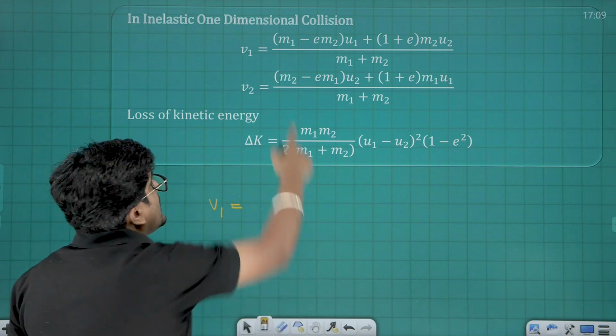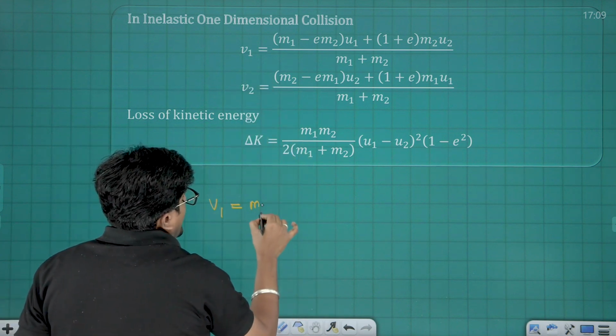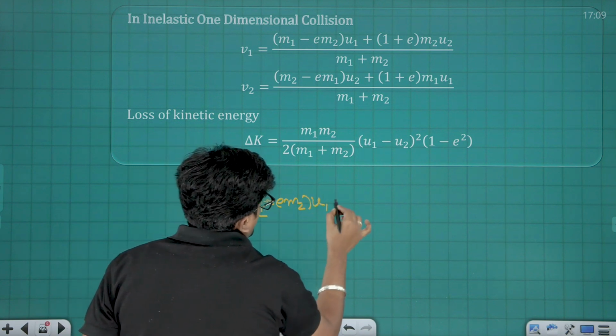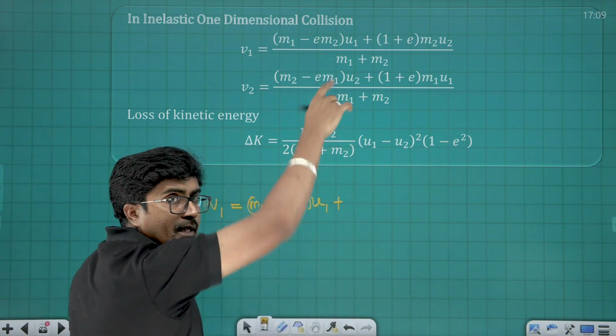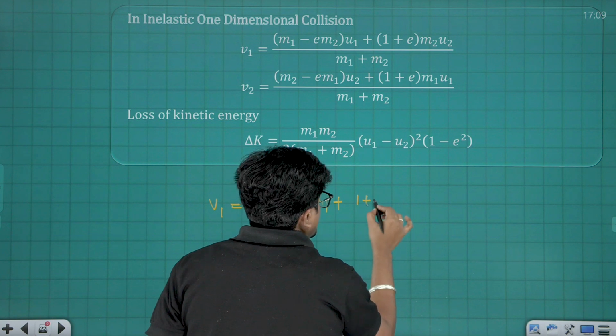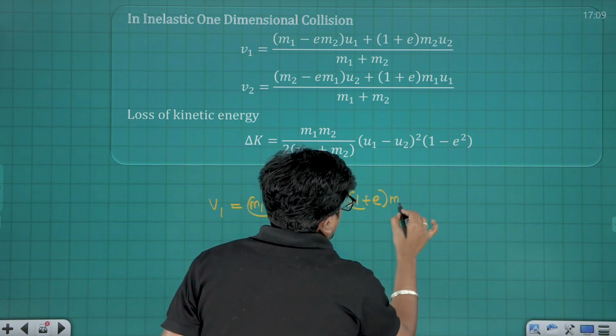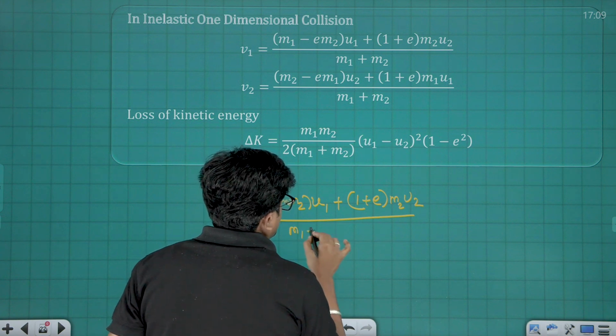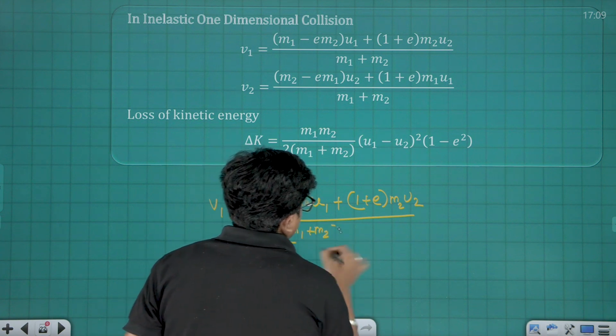V1 is, okay, have a look. It is (M1 minus E into M2) into U1 plus, here instead of 2 we are having (1 plus E) into M2 U2, all divided by M1 plus M2.